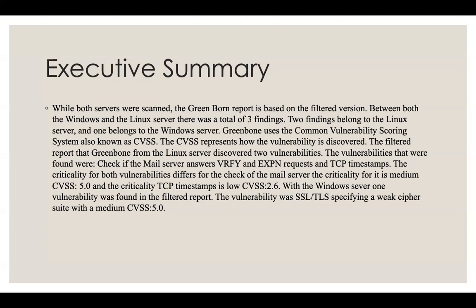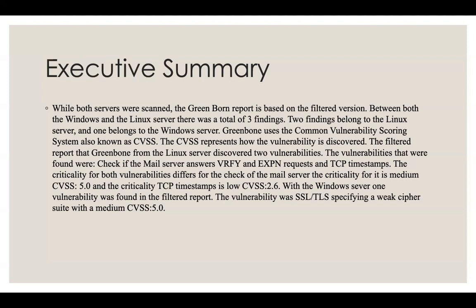That is why 2 vulnerabilities were discovered within the Linux server, which were the check if the mail server answers VRFY and EXPN requests, and the TCP timestamp. And the criticality for both differs.